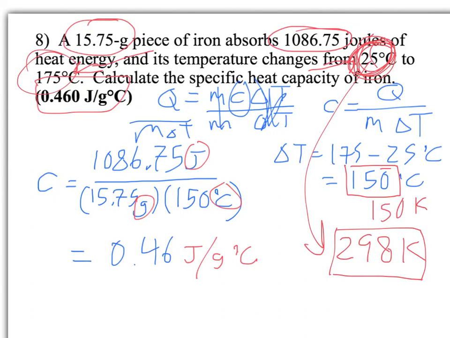It's the same thing because the spacing between degrees in Celsius and Kelvin is exactly the same. They just have a different starting point. So for our final answer right here, we could actually have that extra significant figure. It is justified. So 0.460 joules per gram degree Celsius is our calculated value for the specific heat of iron given the data we have here.